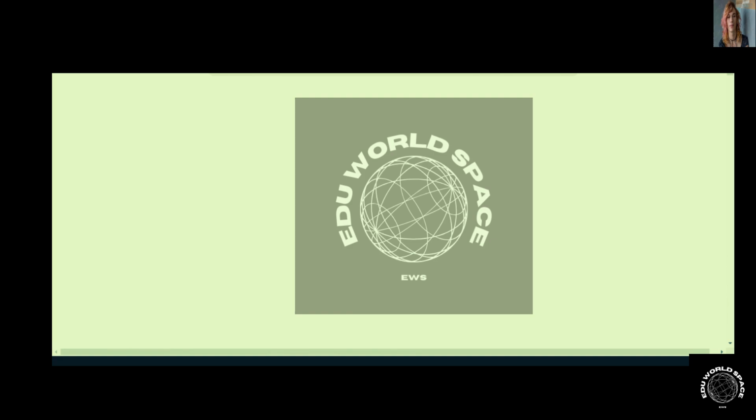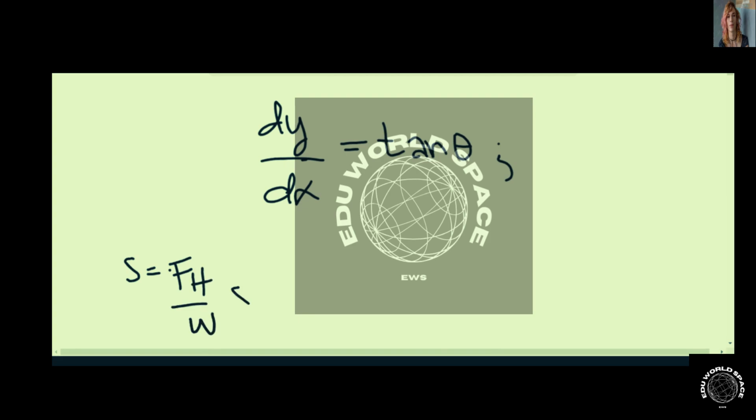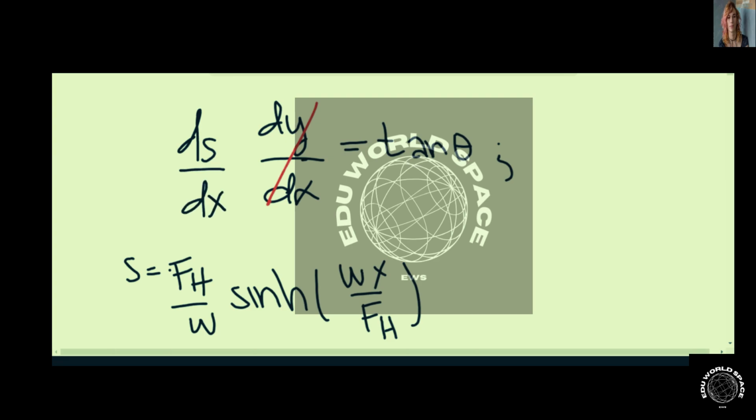To solve for the maximum angle, recall that dy over dx equals tangent theta, and that our deflection curve equation was S equaled F sub h over W times the hyperbolic sine of W times X over F sub h. Now, because we don't have a function of y, but we instead have a function of s, we need to replace that dy over dx with ds over dx, which will allow us to take the derivative of this equation.